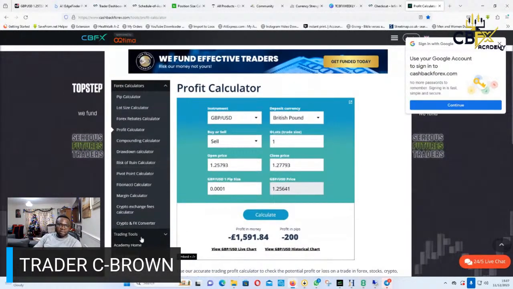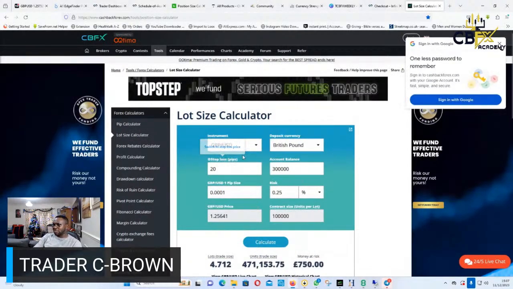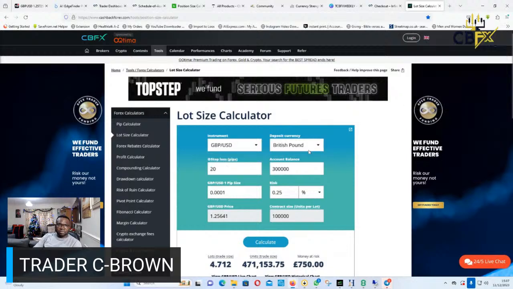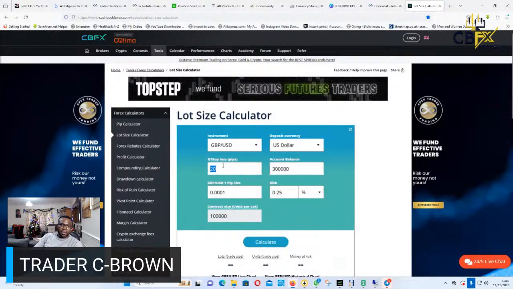It's not the profit calculator. I'm looking at the lot size calculator. On the lot size calculator, I will put in the amount, which is in dollars, not in pounds. So you change it to USD, and you put your stop loss.